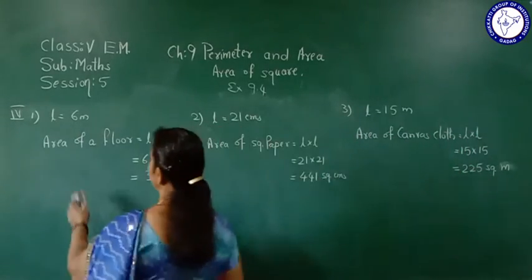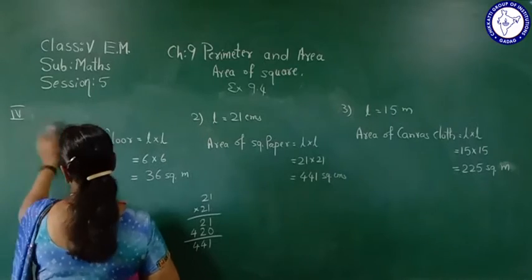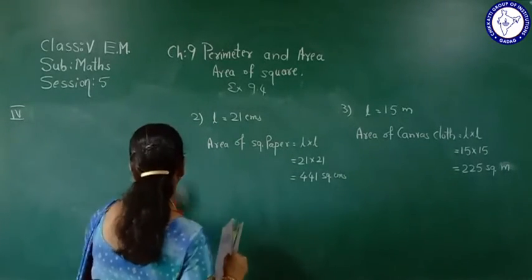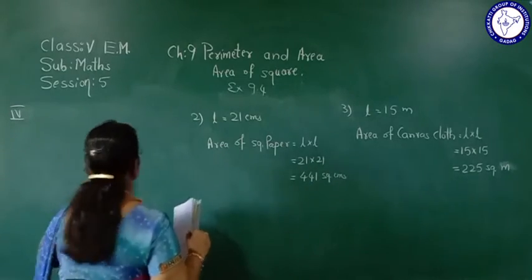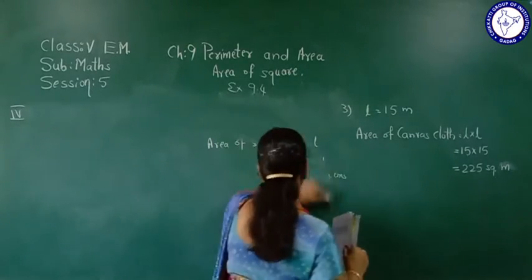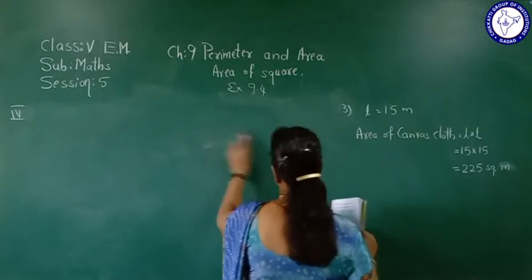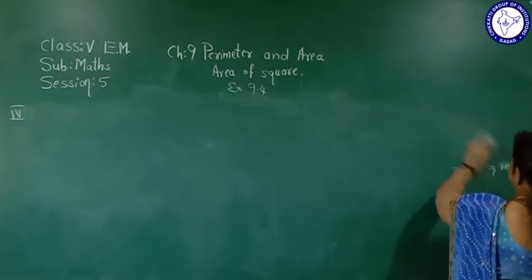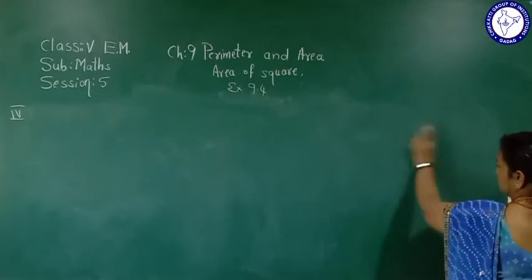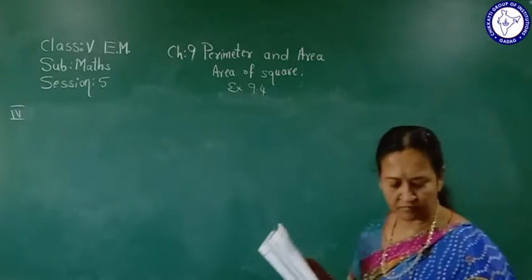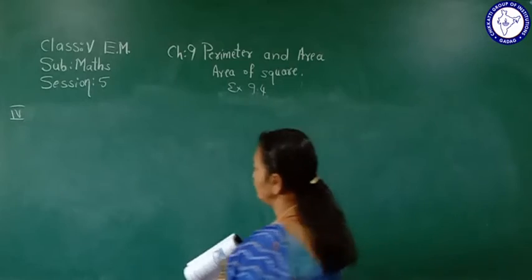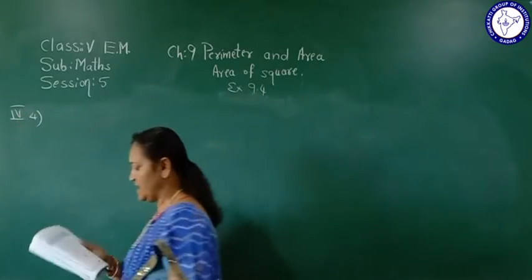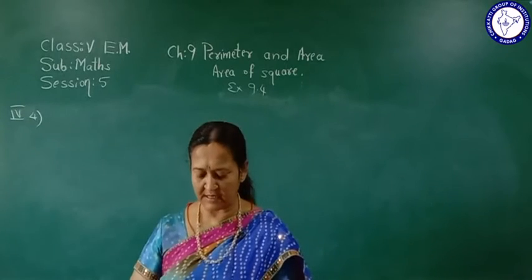Then let me go to the fourth main question. Here the fourth question is the length of a square room is 8 meter.